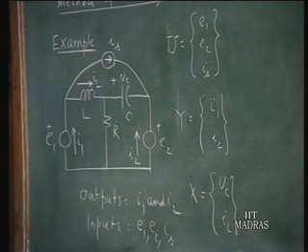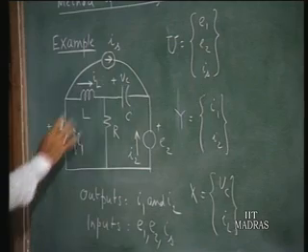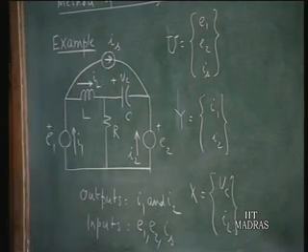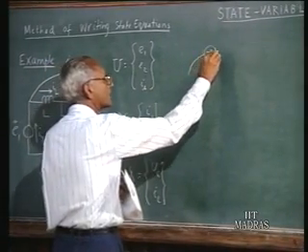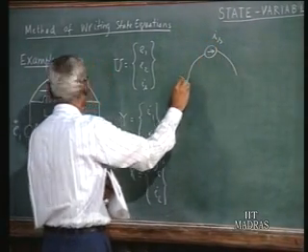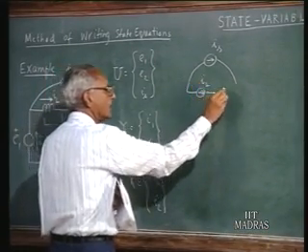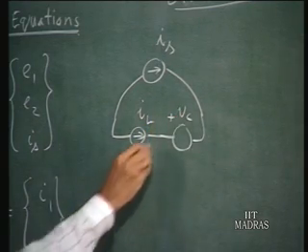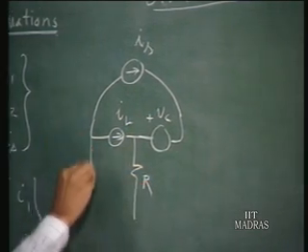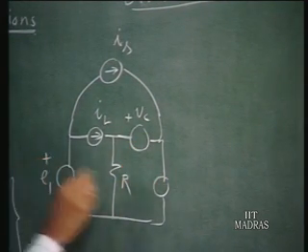So to do this, it will be convenient for us to write down the equations if we replace the capacitor by a voltage source equal to Vc and the inductor by a current source of value IL. Let us do that. So I have Is here, and the inductor is replaced by a current source IL, and the capacitor is replaced by a voltage source Vc, and then you have resistance R and you have the other sources E1 and E2.